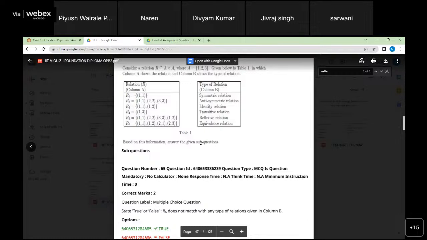So R6 is not having any relations. No. Yeah. So 2, 3 is not there. Transitive should have, for all the elements, a C wherein A and B is there. Yeah. So if 1, 3 is there, then we can say that, right? 1, 3, how can you say, sir? Because we are having 2, R6. 1, 1, 2, 2, 1.